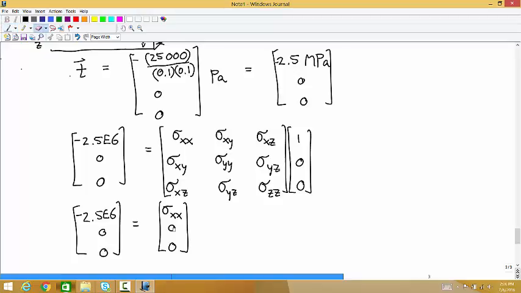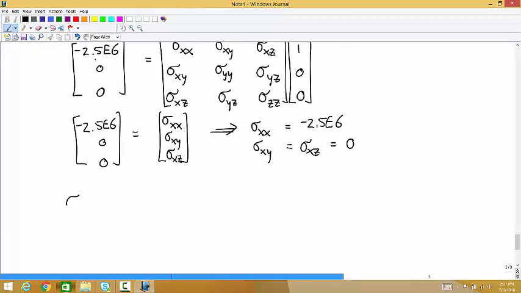Sigma xx, sigma xy, sigma xz. Okay, so you know that sigma xx has the value of negative 2.5 times 10 to the 6. Sigma xy and sigma xz are both equal to 0. So now you can simplify the stress tensor a little bit.